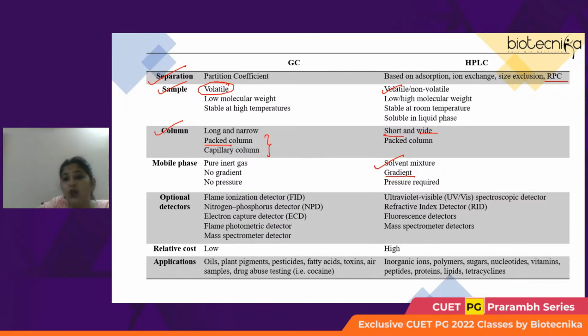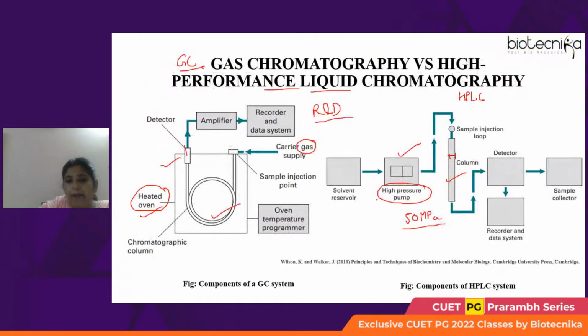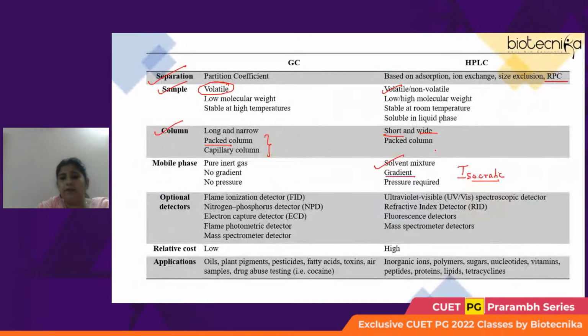We have two terms: isocratic and gradient. In isocratic, a single pump is required. Here you can see we have a pump to pass the mobile phase into the column, right? So the point is that in isocratic a single pump is required, but in gradient two pumps are needed.